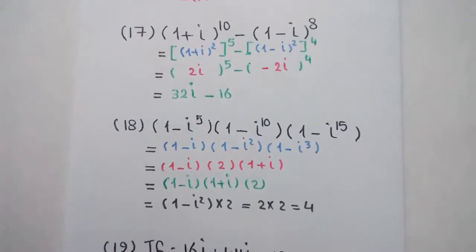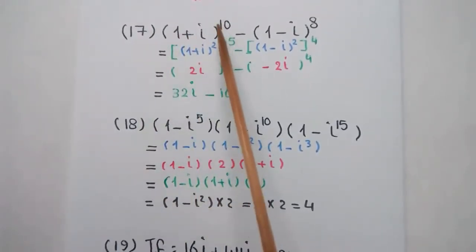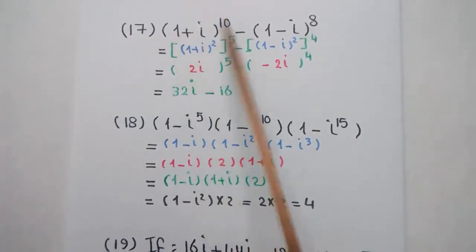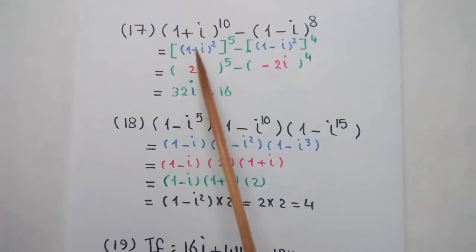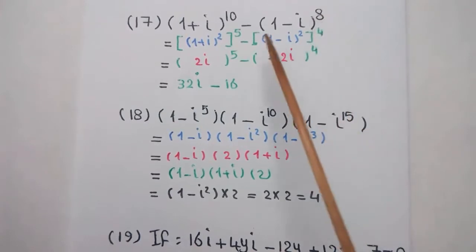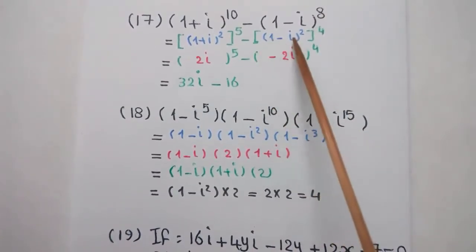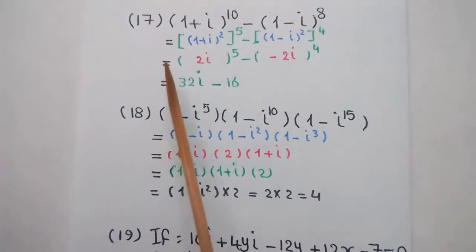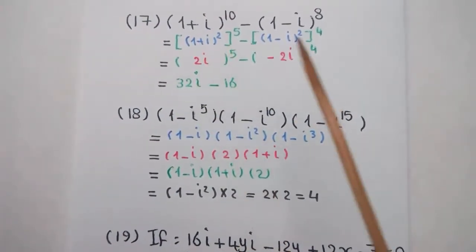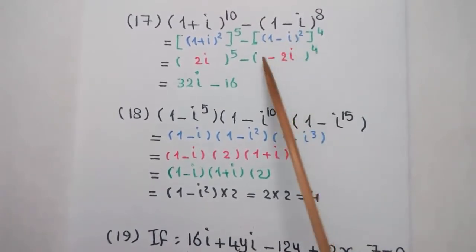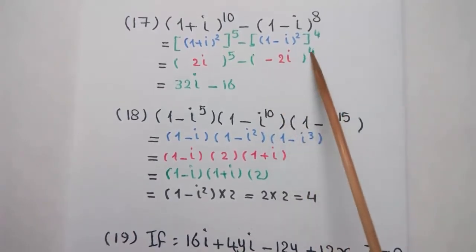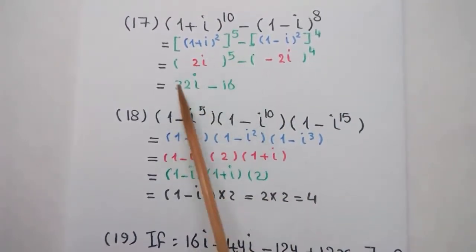Another example. (1 plus i) power 10 minus (1 minus i) power 8. (1 plus i) power 10 will be (1 plus i) all power 2 all power 5. (1 minus i) power 8 will be (1 minus i) power 2 all power 4. (1 plus i) power 2 will be (2i) power 5. (1 minus i) power 2 will be (negative 2i) power 4. (2i) power 5 equals 32i.